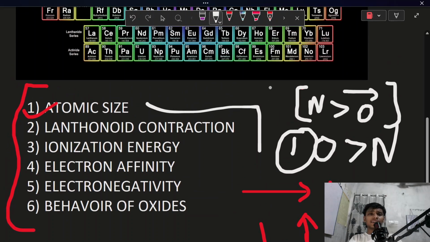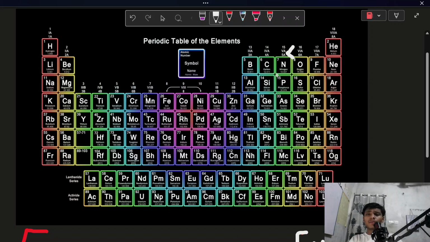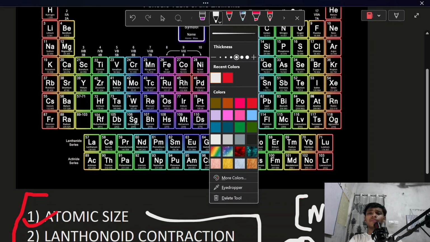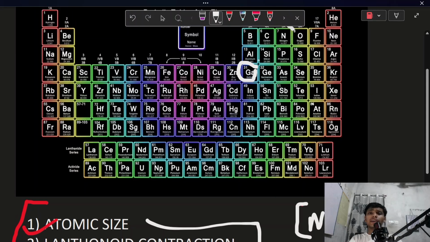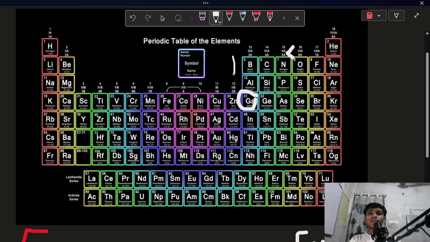Next is the exception of gallium. Then we have gallium in our list, right? Since we know that when we are moving down the group, let's say I am moving down the group in the boron family, the atomic size usually increases.